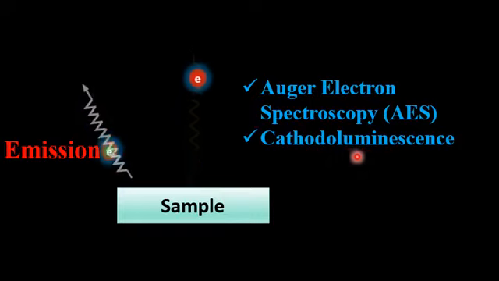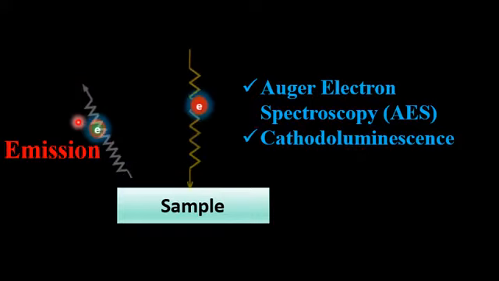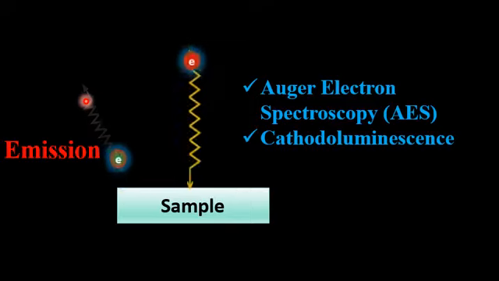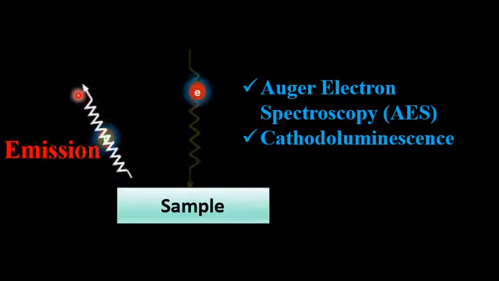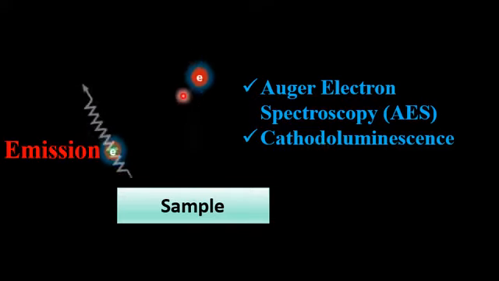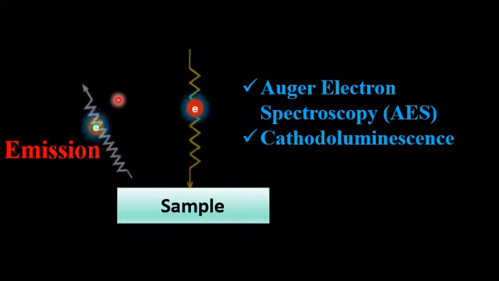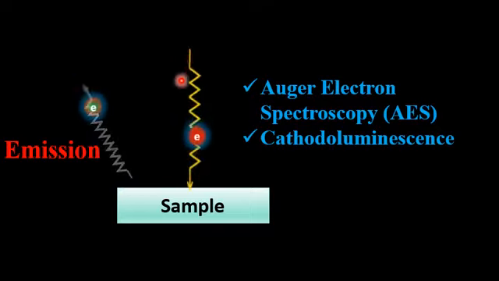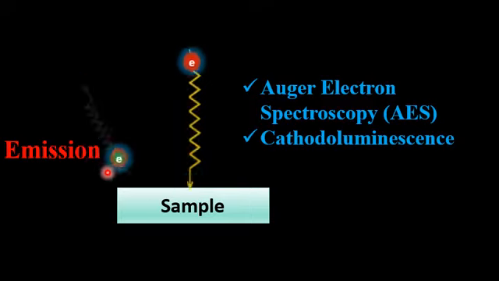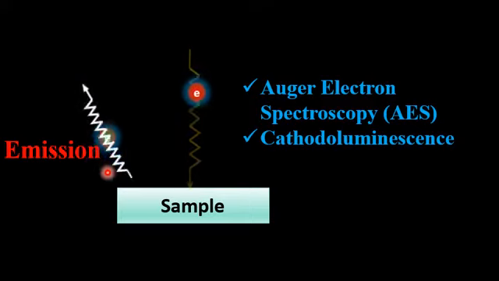This emitted light may be in the ultraviolet, visible, or infrared wavelength portion of the electromagnetic spectrum. So the cathodoluminescence microscope analyzes the emitted light due to incidence of the electron beam. The emitted light gives us some basic information about the material.